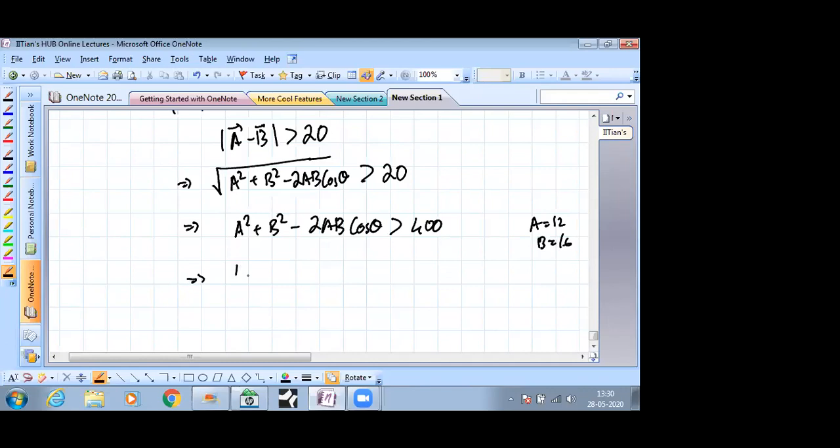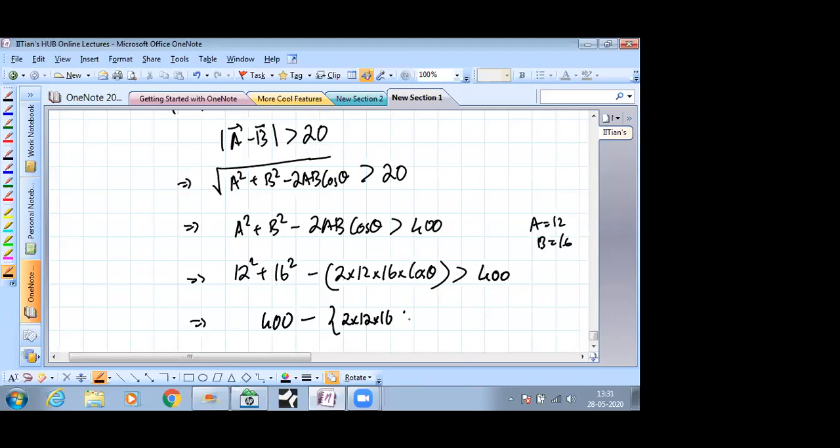So you will basically get 12 square plus 16 square is equal to 400. So you can cancel the 400 with this. So 400 minus something is greater than 400.